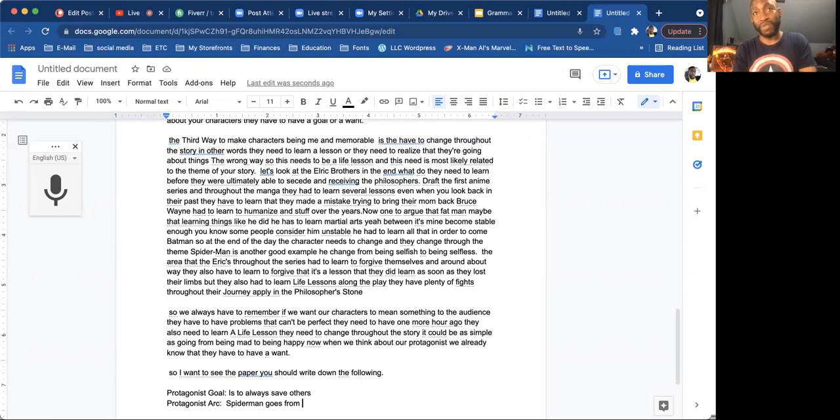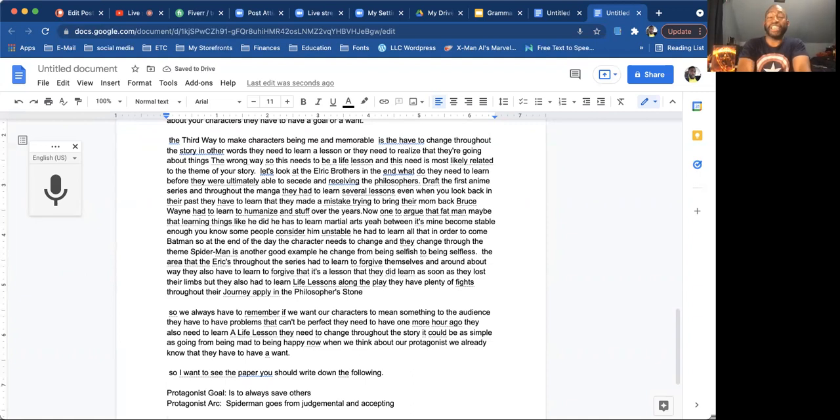So why would Spider-Man not want to help Kingpin? Because Kingpin is evil, and maybe Spider-Man feels like he deserves it. So maybe Spider-Man is judgmental. And then his arc will be essentially becoming the opposite of judgmental.